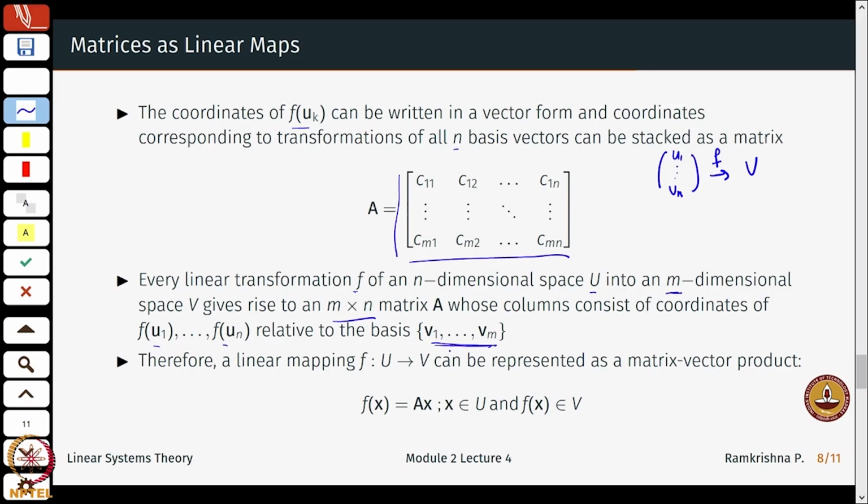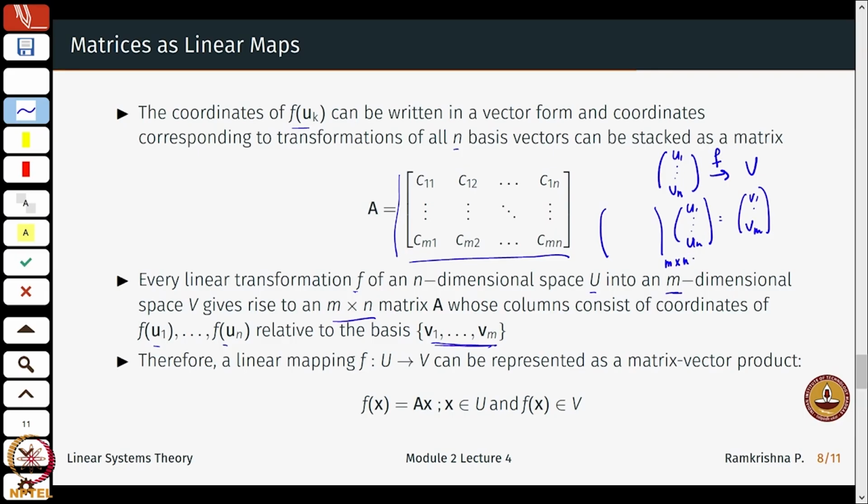Okay. So, I will have u1 till un. So, the f here is a matrix, should give me v1 till vm, and therefore, this is an m cross n matrix.